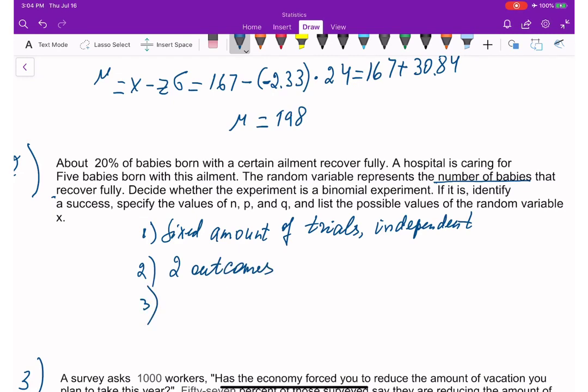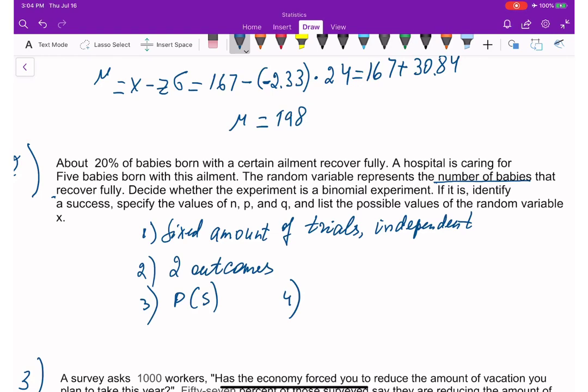Number 3. The probability of success is the same from trial to trial, and that's because the trials are independent. Okay, 20% of babies. So if this baby survives, it has nothing to do with the other baby, right? So yes, we have a probability of success. And number 4, there is a random variable x that counts the number of successful trials.